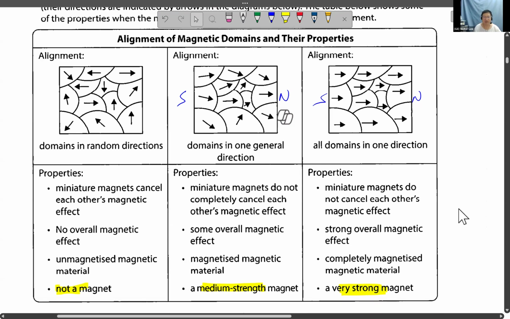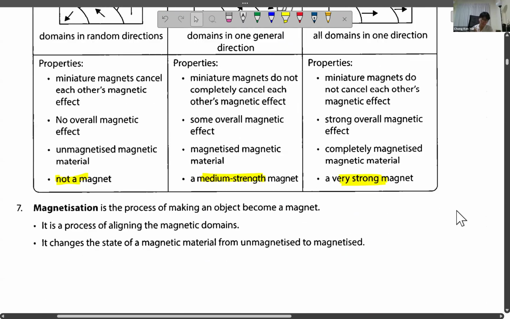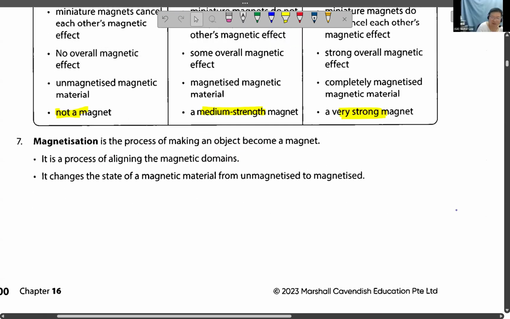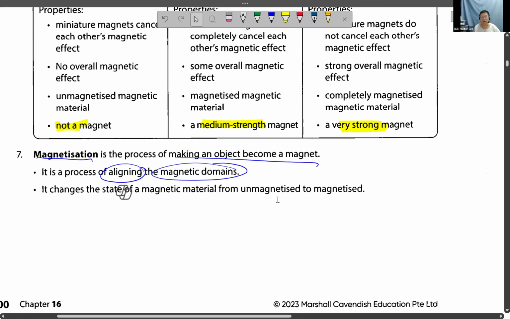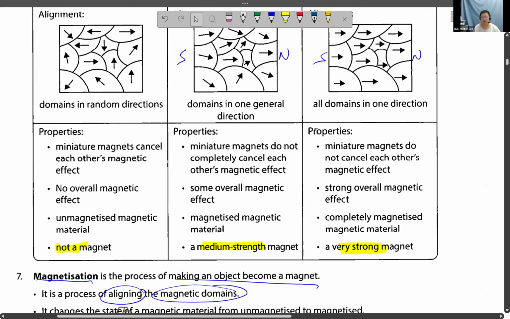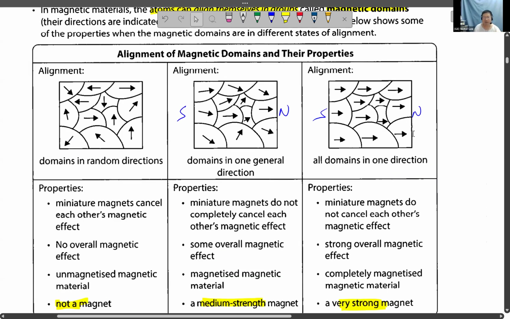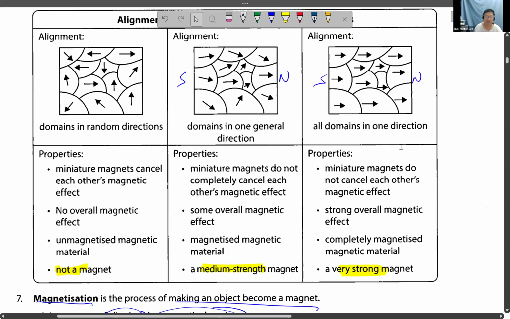Magnetization is the process of making an object become a magnet, and it's actually aligning the magnetic domains. The purpose is to align as many domains as possible to become a stronger magnet. If it's totally aligned, it's a very strong magnet. A very strong piece of magnet has most of its domains aligned in one direction already.